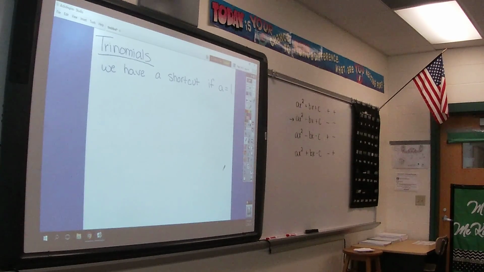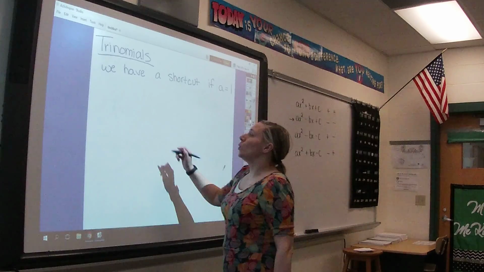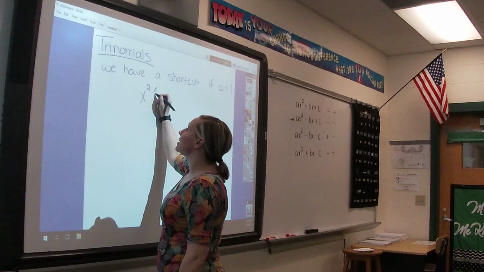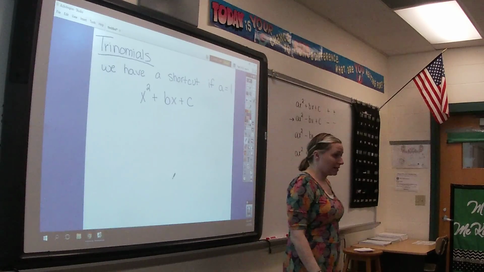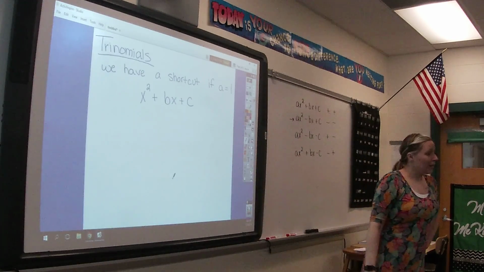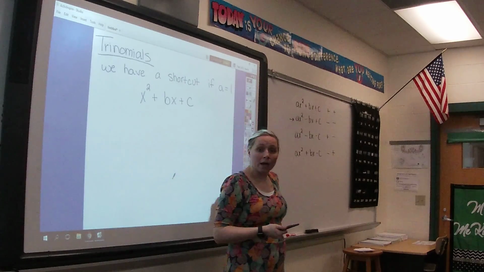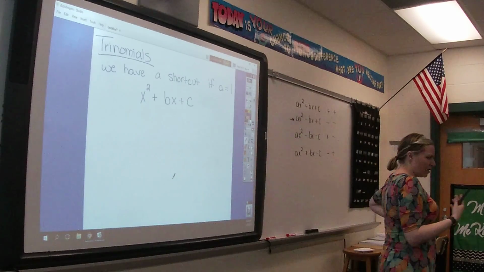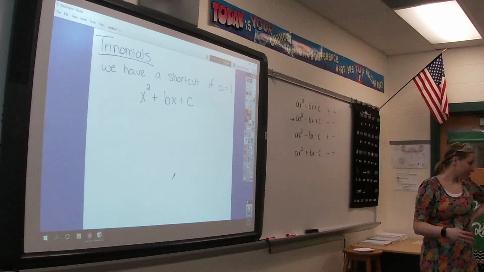So today, instead of being in the form ax squared plus bx plus c, we are going to be in the form x squared plus bx plus c, because the a in front is always going to equal 1, which means we don't have to write it. The shortcut does not work if a is anything other than 1.